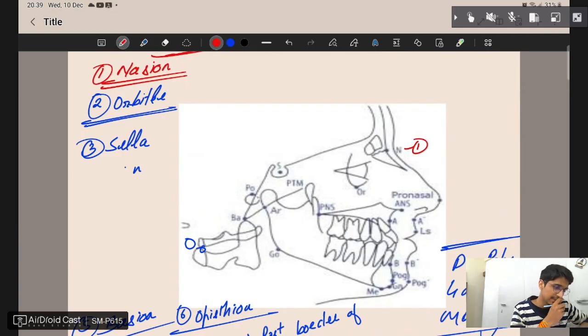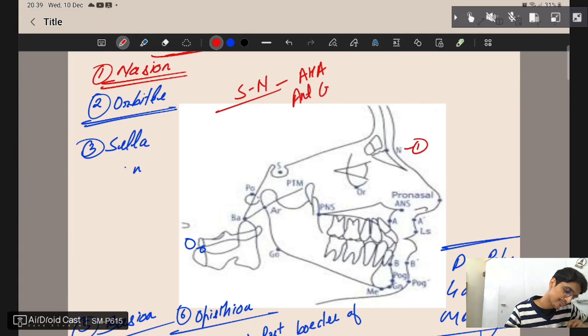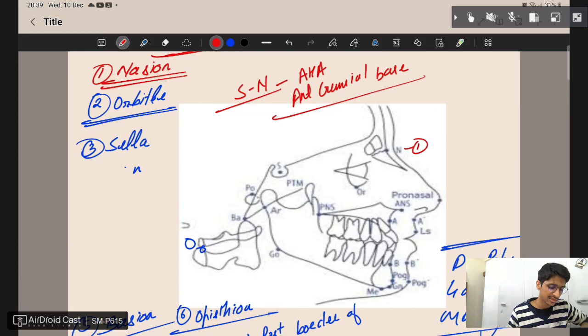This is used in Steiner's analysis, also known as the anterior cranial base. There is no term like posterior cranial base. This is your SN plane, starting from the sella to the nasion.